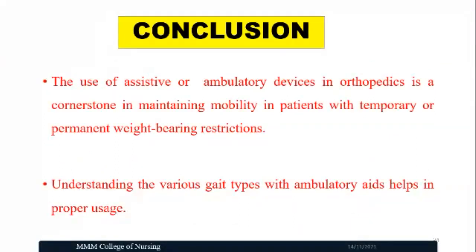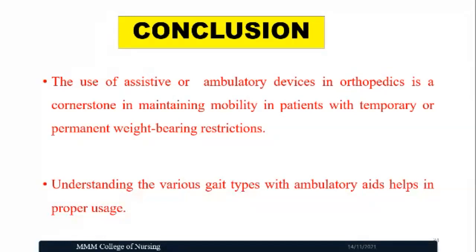So these are the three types of ambulatory devices commonly used in providing ambulatory support to the patient. To conclude this video, the use of assistive or ambulatory devices in orthopedics is a cornerstone in maintaining mobility in patients with temporary or permanent weight-bearing restrictions.